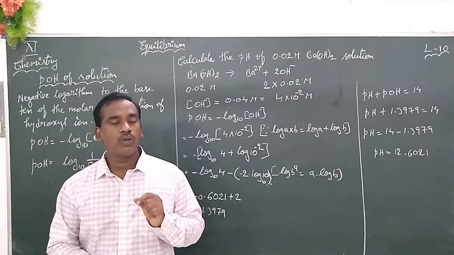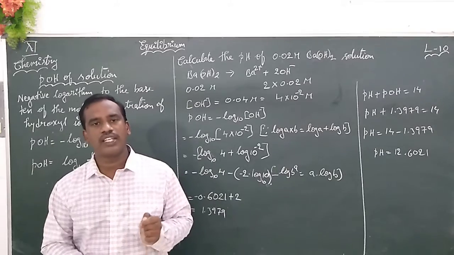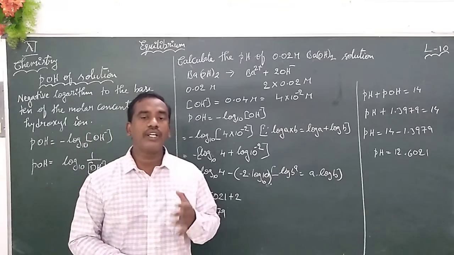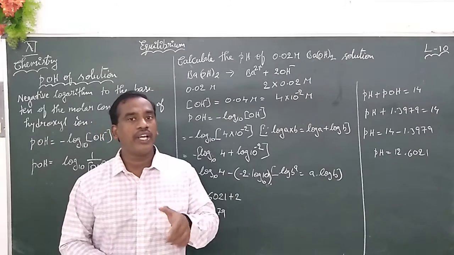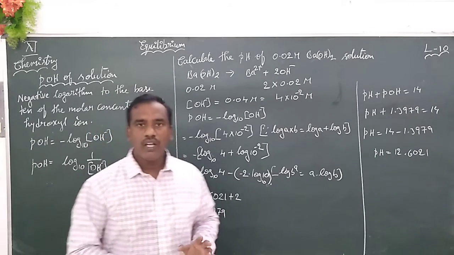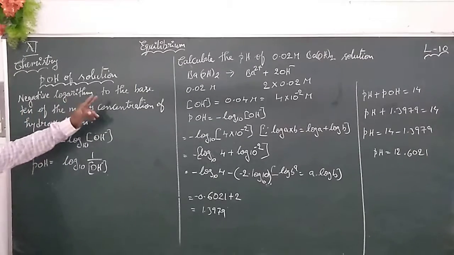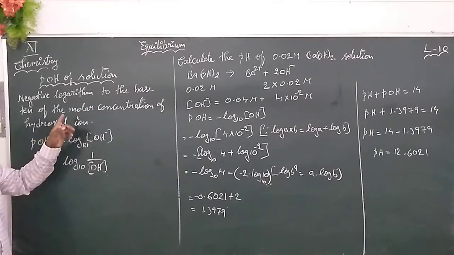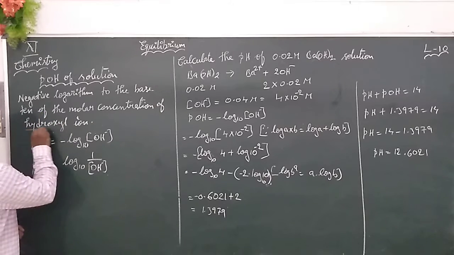But when you are going to calculate the pOH of the solution, you will say it is equal to negative log base 10 of the concentration of OH minus ions, hydroxide ions. Right. For that we got the definition here: negative logarithm to the base 10 of the molar concentration of hydroxide ions.